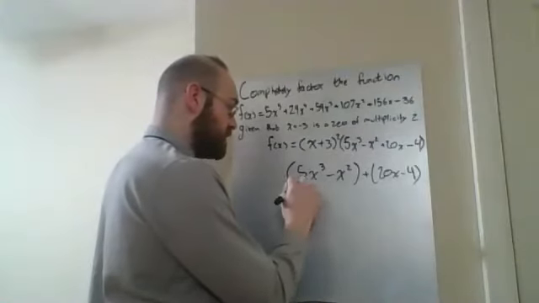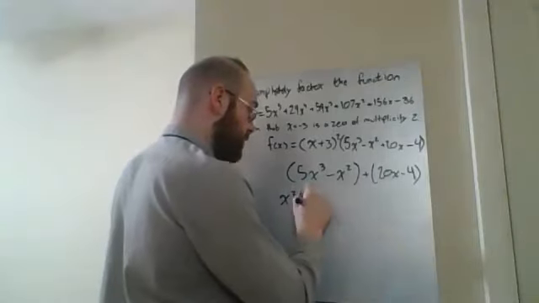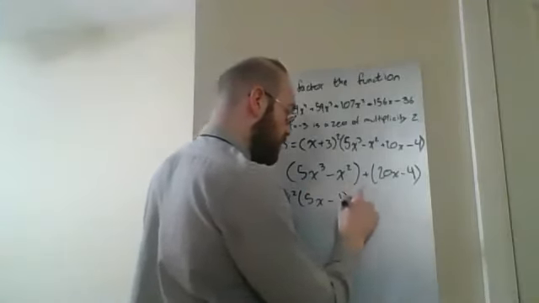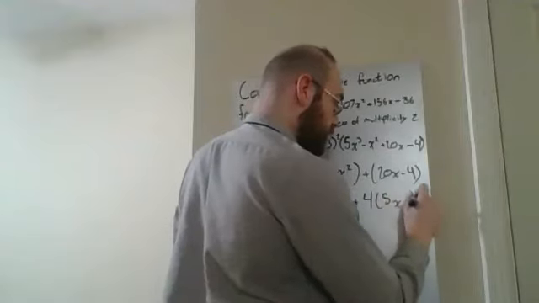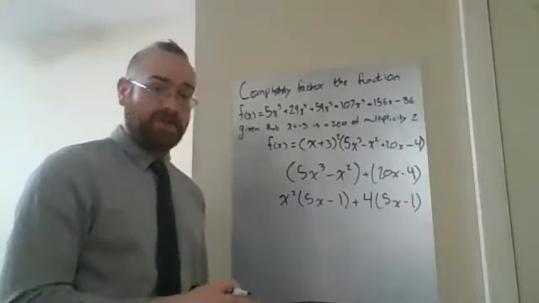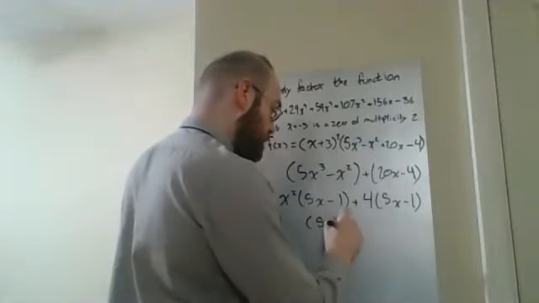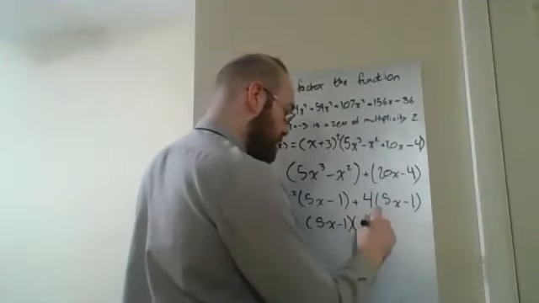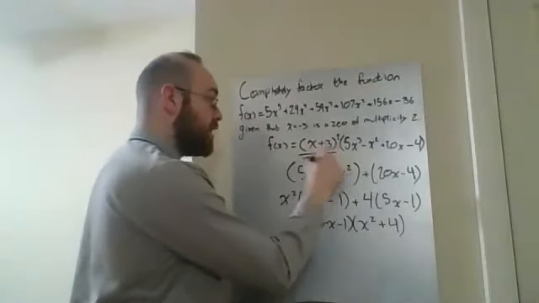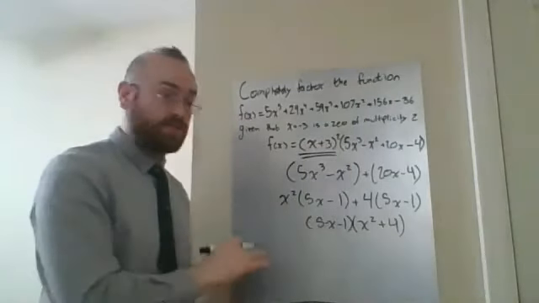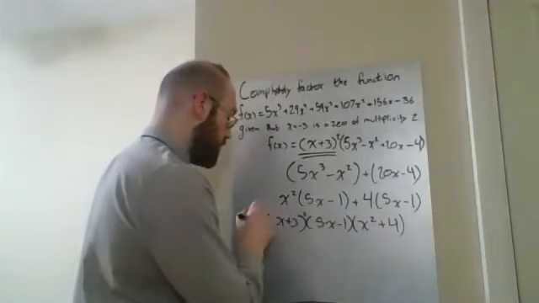So 5x cubed minus x squared, we can take out x squared. So that's 5x minus 1 plus 4 times 5x minus 1. And now our greatest common factor for these 2 terms is 5x minus 1. We have 5x minus 1 times x squared plus 4. And then we want to carry down the factor that we haven't yet written, which is our x plus 3 squared.